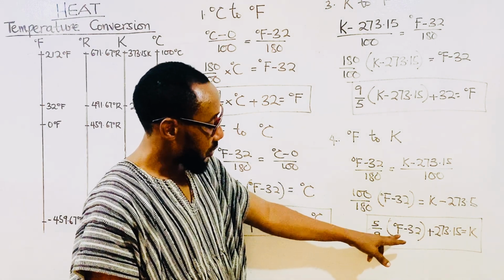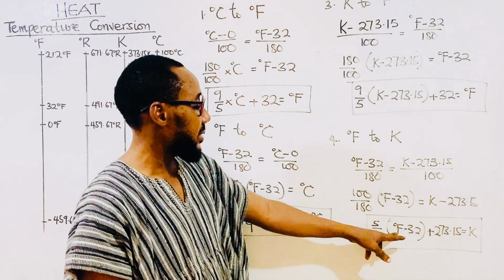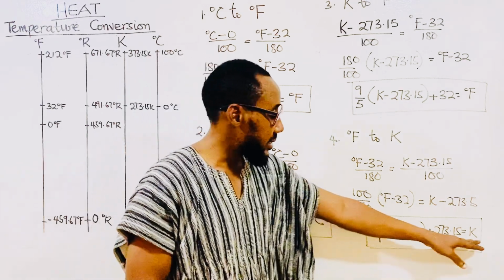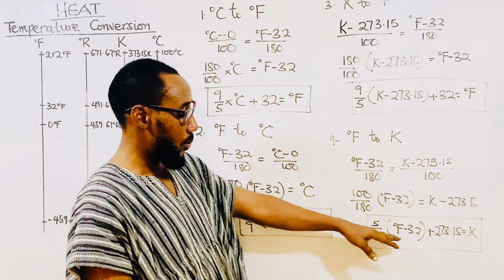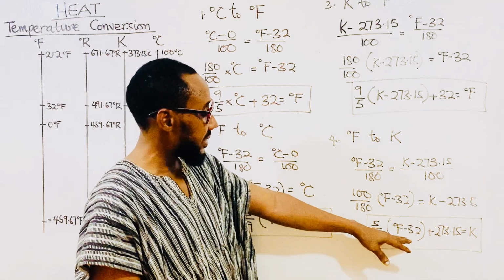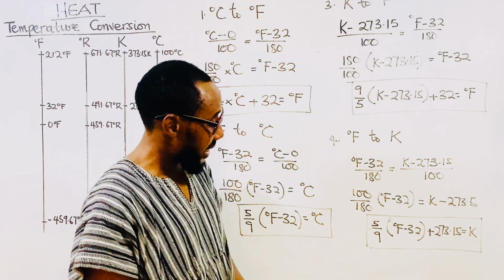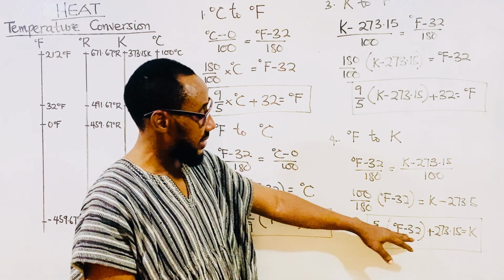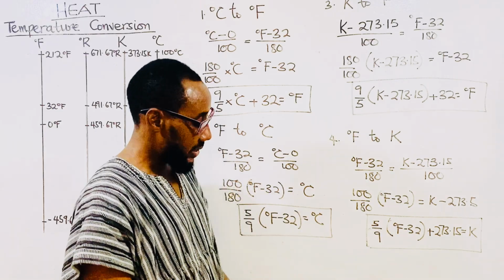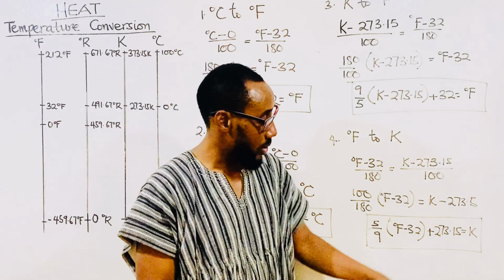So assuming you are given 134.6 degrees Fahrenheit, you put your 134.6 degrees Fahrenheit in the equation, you compute, and then you are going to get your 330.15 Kelvin.